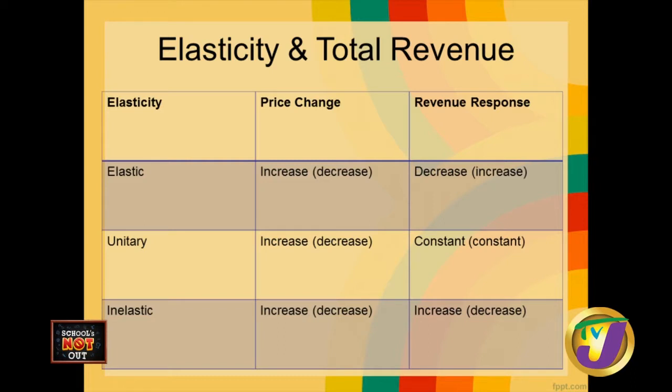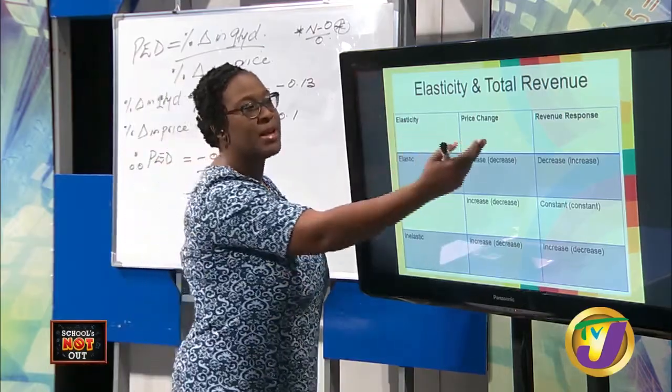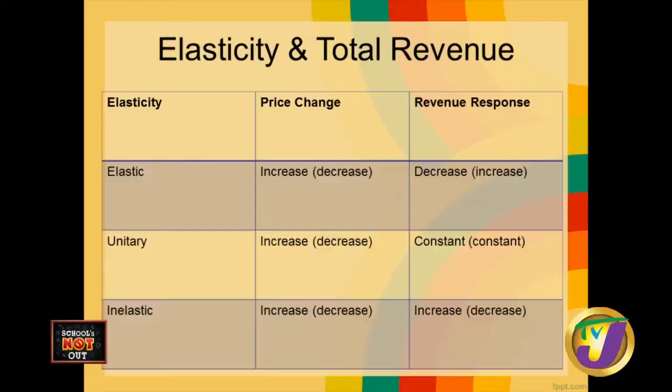So just to sum it up quickly here, if you can see properly, it's elasticity, price change, and revenue response. So if your good is elastic, remember we say that when it is elastic, consumers are highly responsive to any change in price.